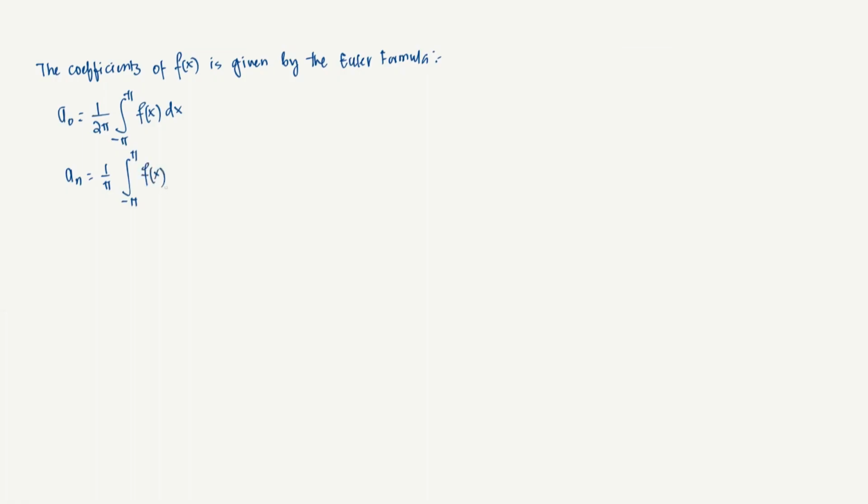Now you will remember it like this. See, with an there is this cosine thing. So f of x should be with cosine nx dx. Okay, this holds for all n in N. And what is bn? Bn will be 1 by pi integral from minus pi to pi of f of x sine nx dx. Clear? And this is again for all n in N.